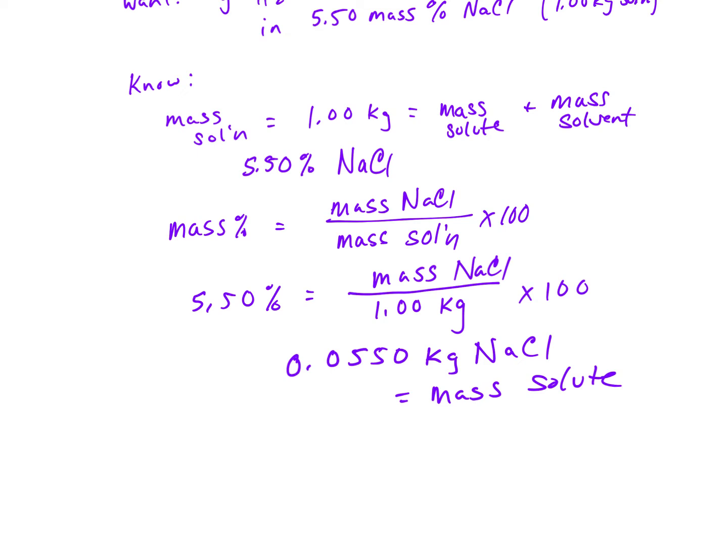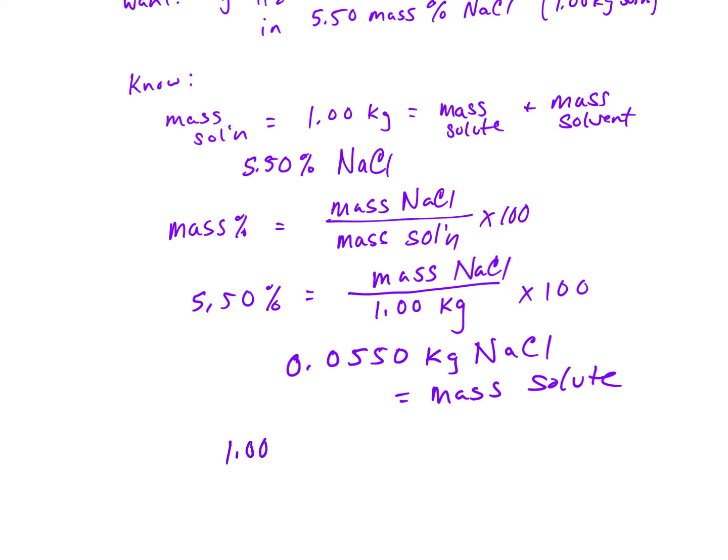And now we can actually use this equation here, where our mass of solution is equal to 1 kilogram, which is equal to mass of solute plus mass of solvent. So let's plug our mass of the solute into that equation.